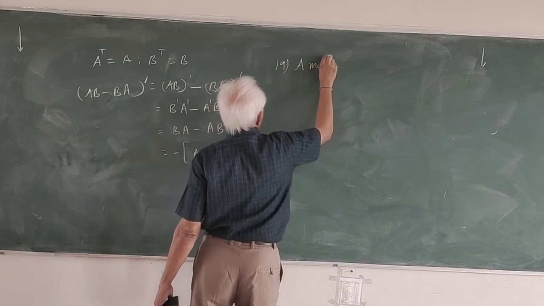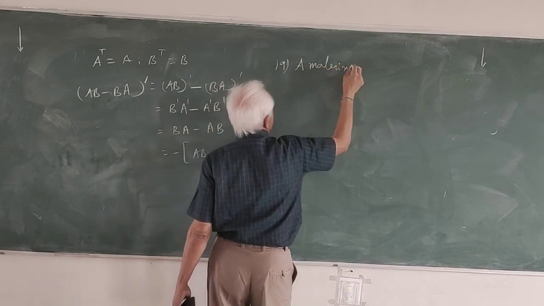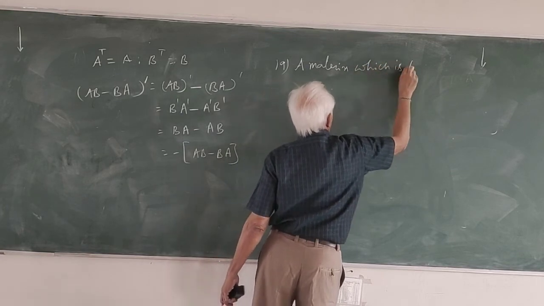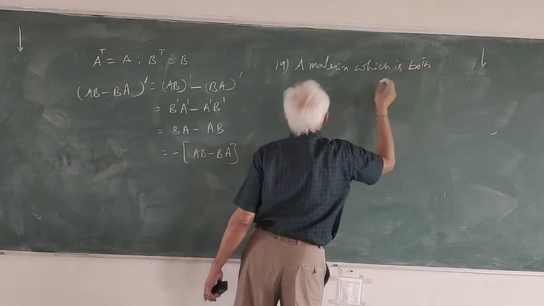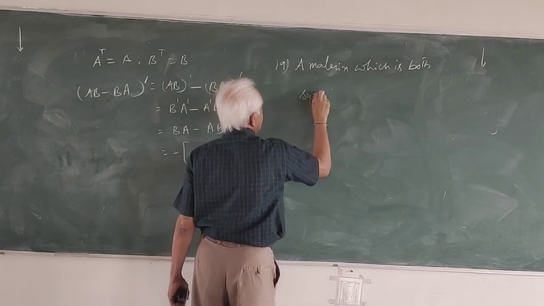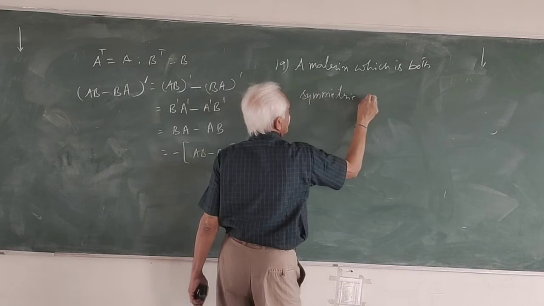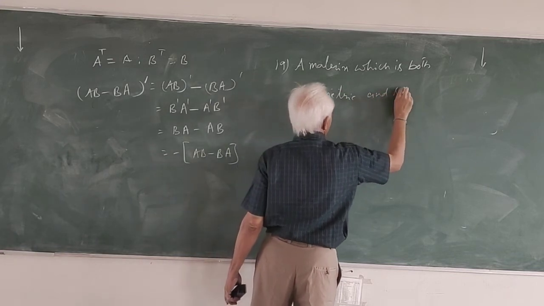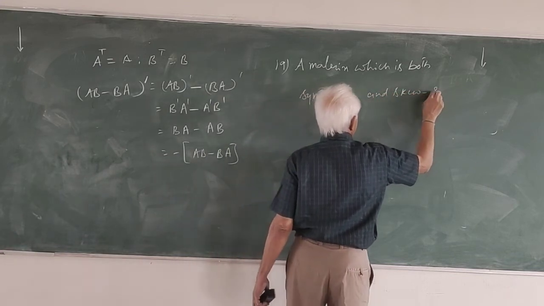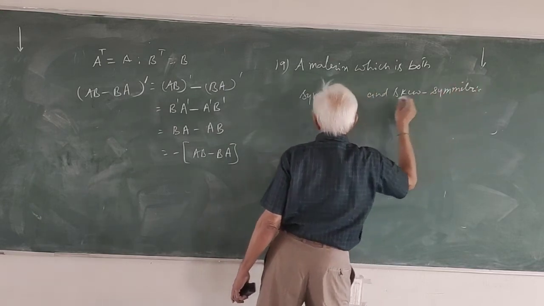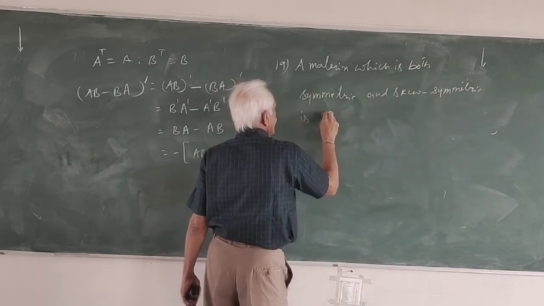A matrix which is both symmetric and skew symmetric is a null matrix.